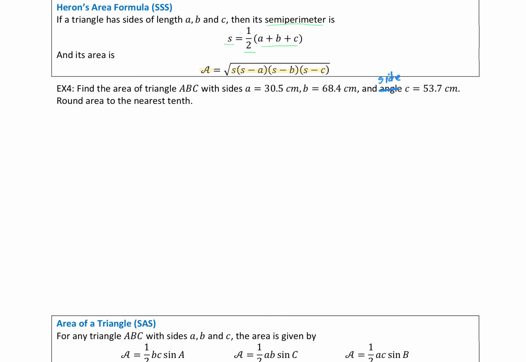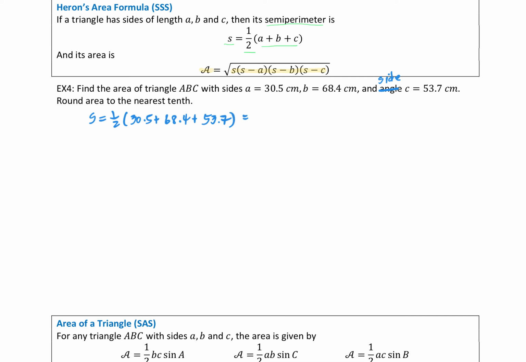I have three sides. The first thing I'm going to do is figure out what the semi-perimeter is, which is my S, and it's going to be 1/2. All I have to do is add up those sides. 30.5 plus 68.4 plus 53.7. And then I'm going to multiply that by 1/2.